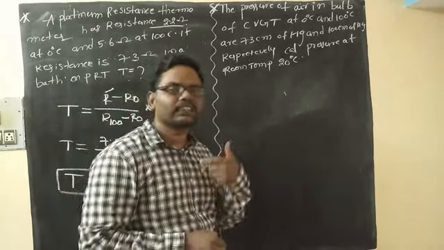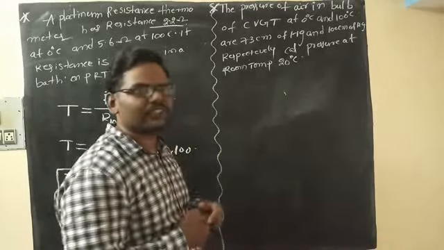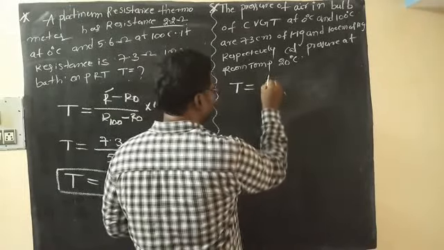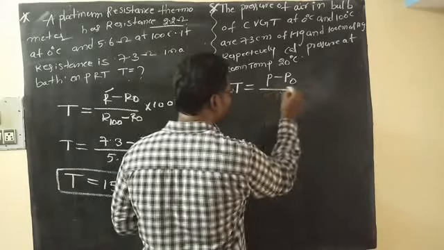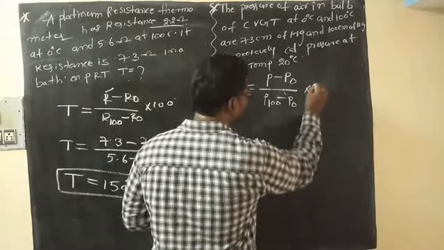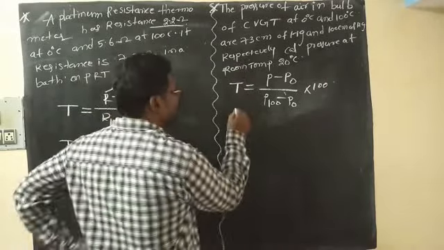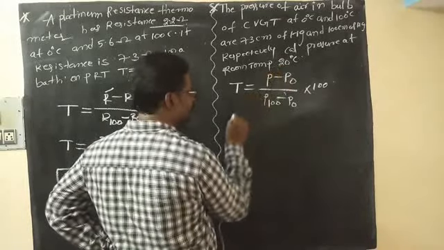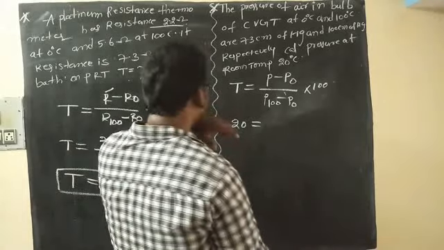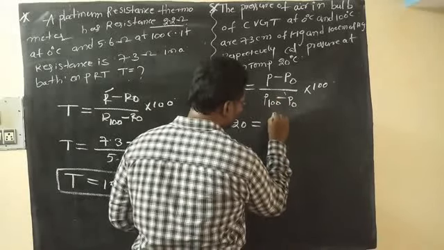As we know, in a constant volume gas thermometer we use pressure as the physical quantity to measure the temperature, right? So T is equal to (P minus P0) by (P100 minus P0) into 100, isn't it? Here T is given in the question itself, that is 20 degrees Celsius. The pressure P we have to find.